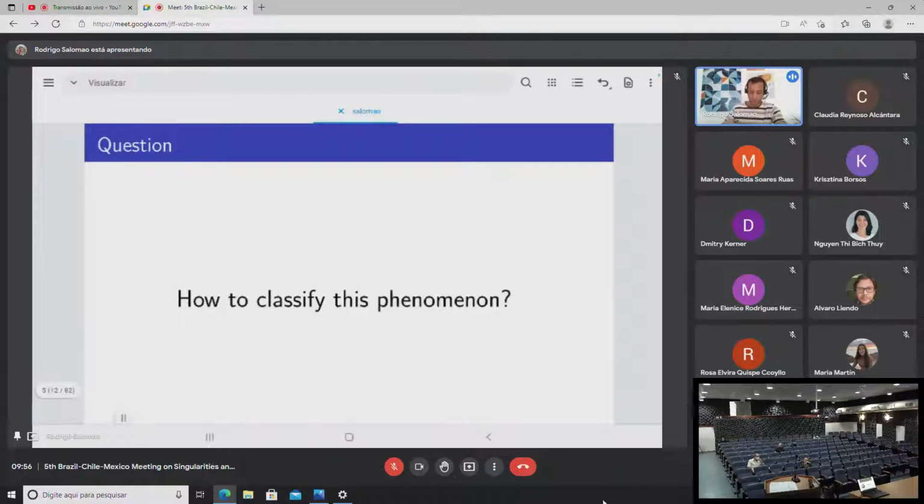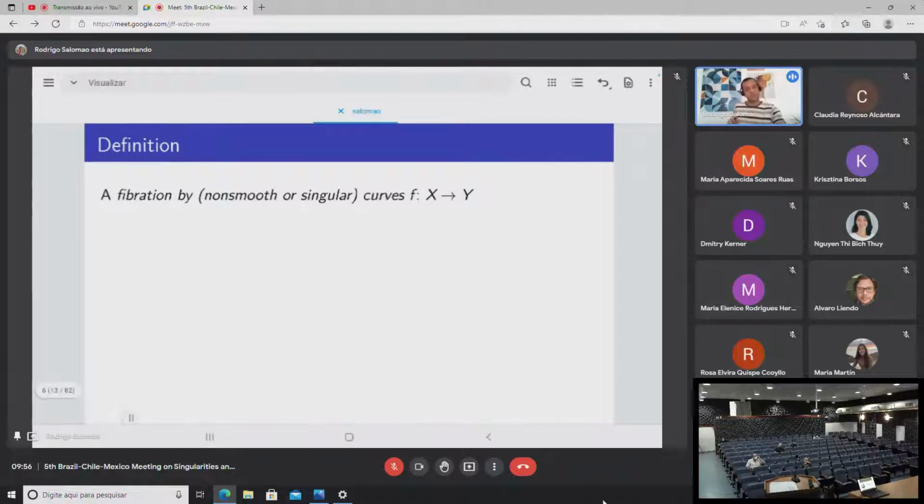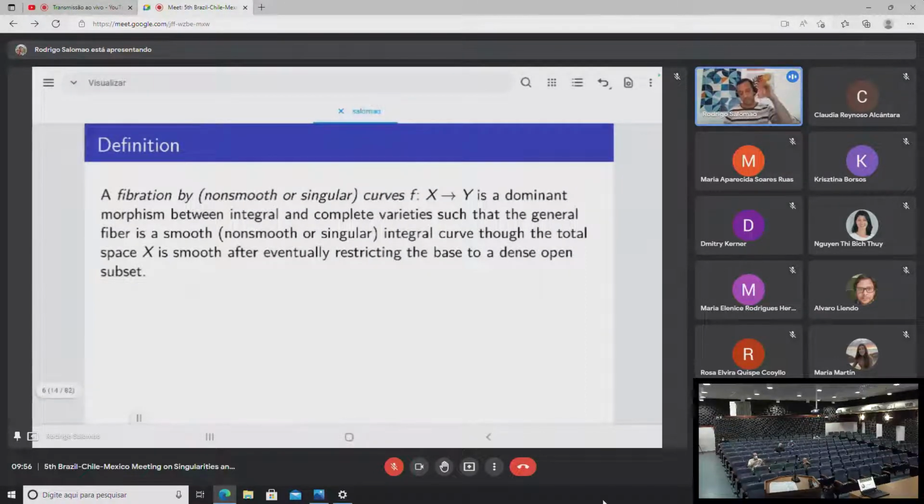So in order to answer this question, we established some definitions. For us, a fibration by curves is a dominant morphism between integral and complete varieties, such that the general fiber is a smooth integral curve, and the total space is smooth after eventually restricting the base to a dense open subset.